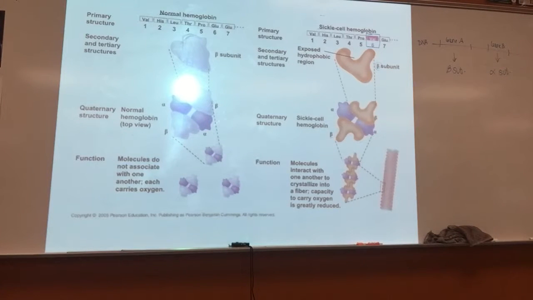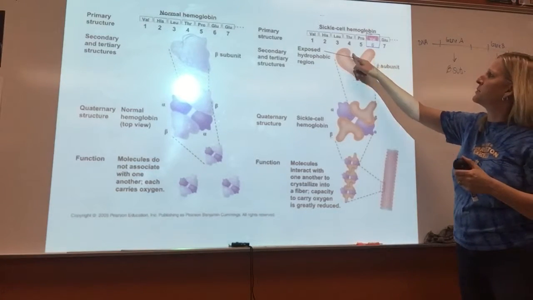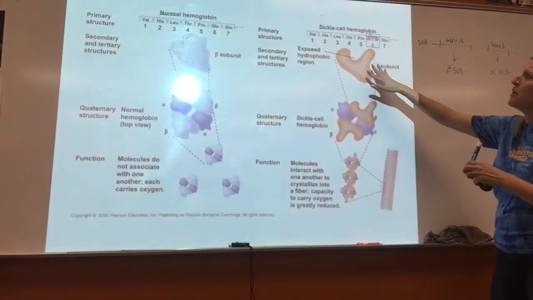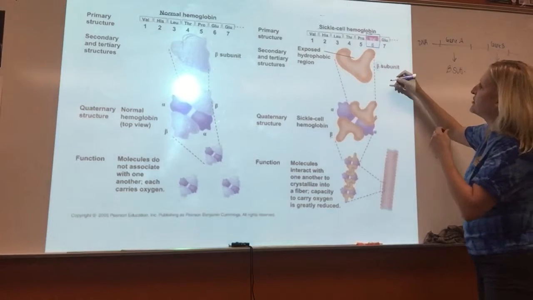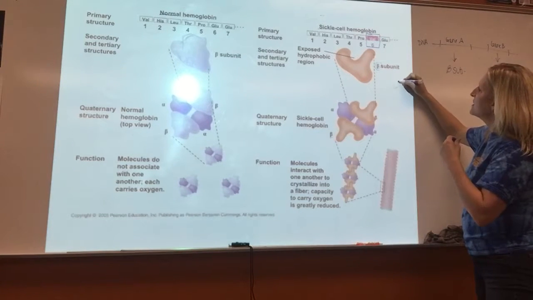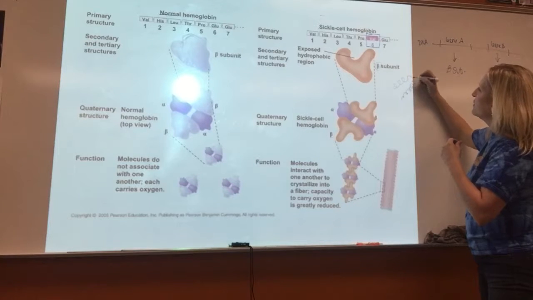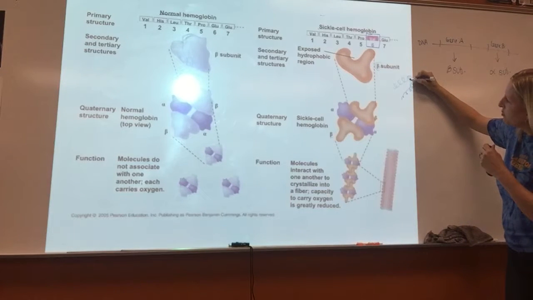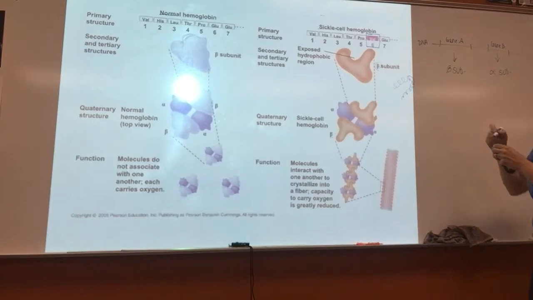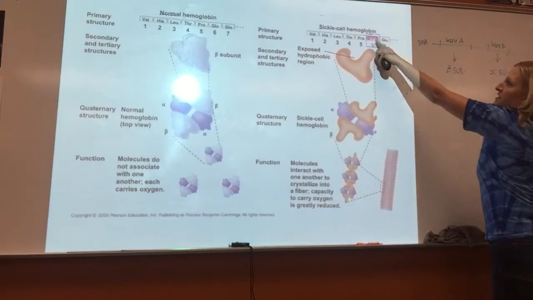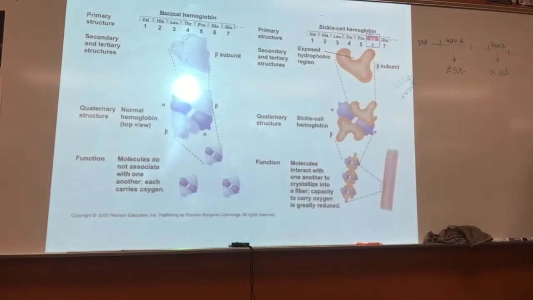All right, so that just illustrates the importance. When we talk about the shape here, it says exposed hydrophobic region and so on. Going back to the interactions between the R groups, let's say here you have an R group and an R group that's supposed to interact. And here we substituted one amino acid for another.